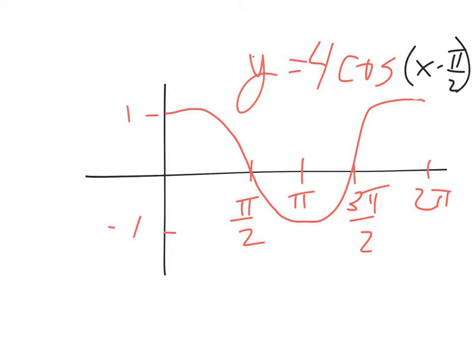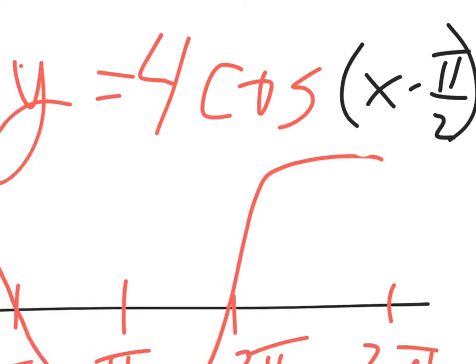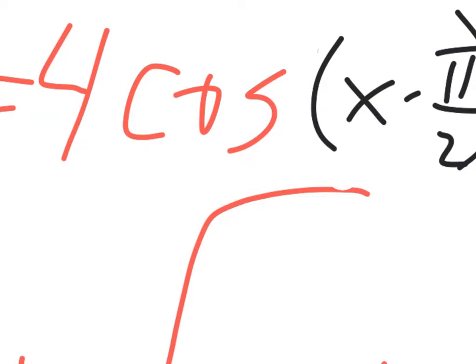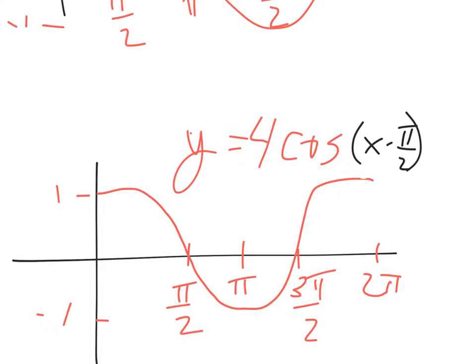That means I got to move my graph. What do you think it means? Which way? Right. Yes, to the right, pi over 2. And then how far is pi over 2? I can see it. Can you see it? It's this distance right here. That's how far it needs to move.